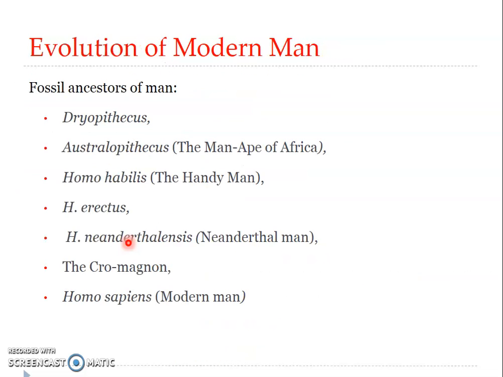Now, when we speak about the fossil ancestors of humans, there are actually fossils of apes, fossils of man-like apes, and fossils of primitive men. So these are the three categories into which we can group the fossil ancestors of humans. And there could be the early ancestors almost 40 million years ago.